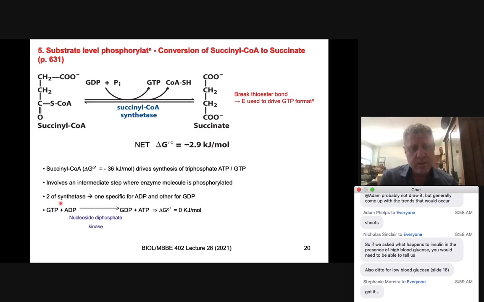But again, with the nucleoside diphosphate kinases, we can go through that ping pong method. And if we need to make the GTP into ATP as a usable energy source, we can do so. And it costs us 0 kilojoules per mole. So again, we have the capacity to transfer the GTP into ATP and then utilize that ATP as an energy source outside this system in regards to the TCA cycle.